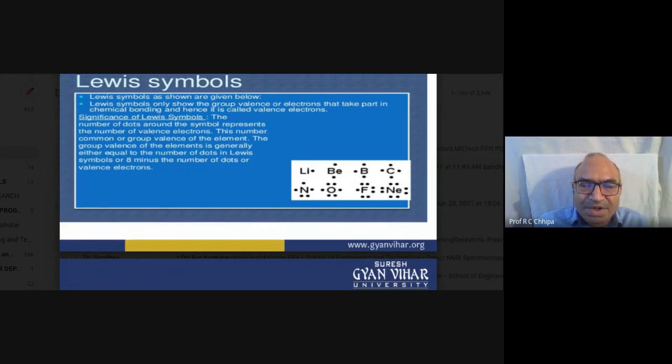The valence electrons are the number of electrons available in the outer shell, and those electrons are relevant to chemical bonding, and that depends wholly on the electronic configuration.